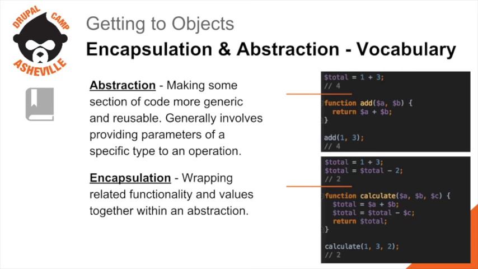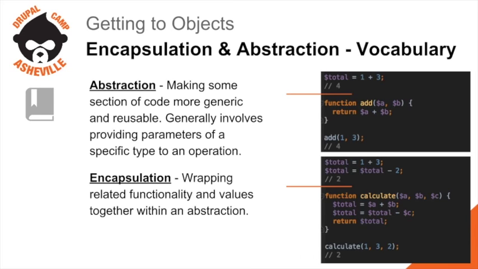Encapsulation is when we wrap related functionality together. So the idea here is that we take something like our big business problem from the first slide, and we wrap it all up together into one function that's probably called calculate business number. And now since we have it all wrapped together, we can actually do it a number of times throughout the system.